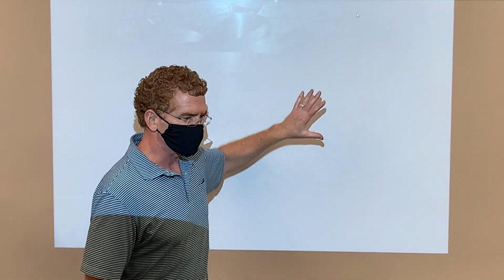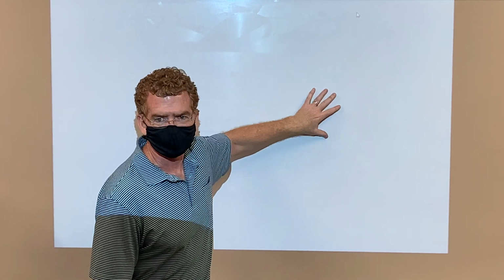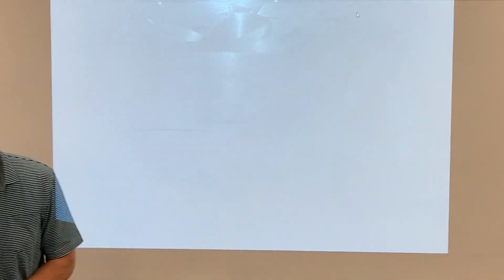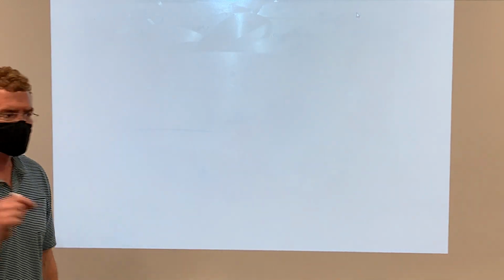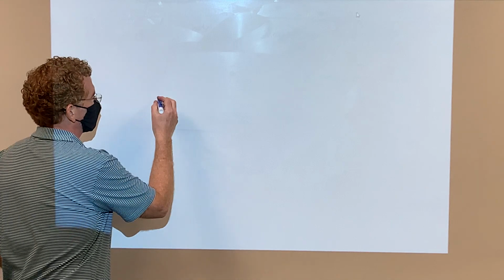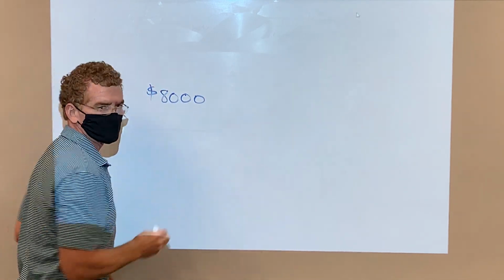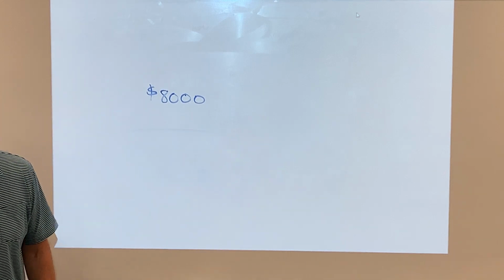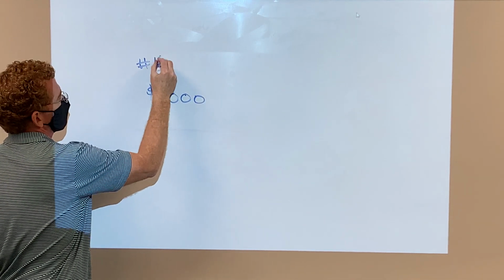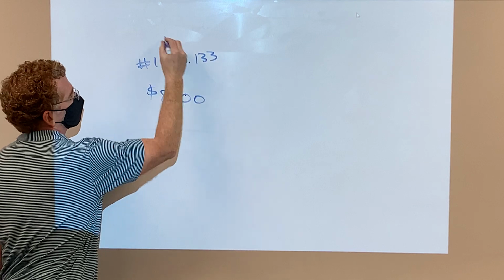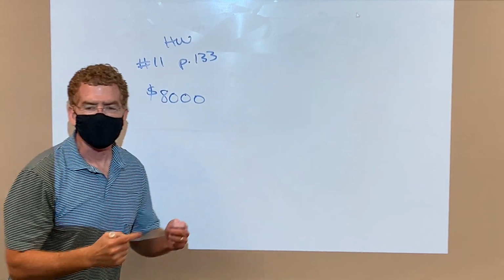But anyway, I want you to know a little bit about interest problems, and that is this. On this one, I'm making an investment. Let's just say I put $8,000 in something. Again, this is number 11 on page 133 from the homework. So that's the money I put in.